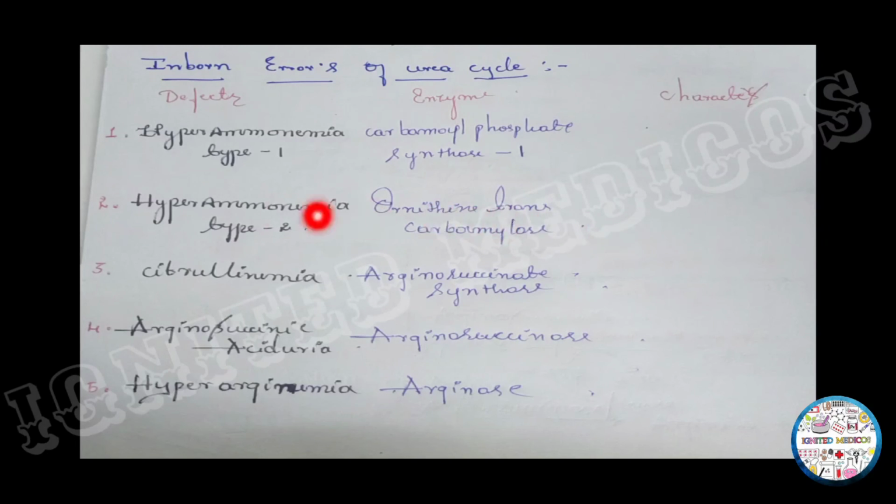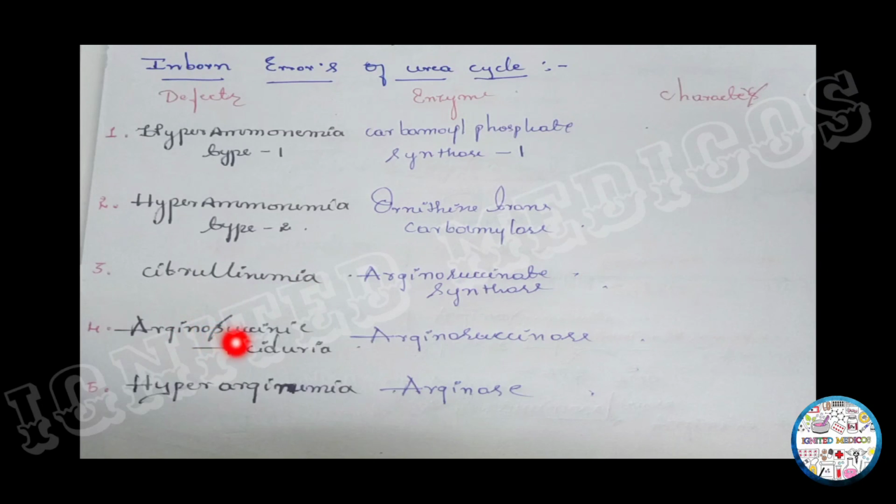When this is defective, there is an increase of ammonia and glutamine in the blood. The next is citrullinemia. Citrullinemia is caused by the deficiency of arginosuccinate synthase. This is the third enzyme. Here the characteristics are increased ammonia and citrulline, because citrulline is not converted into arginosuccinate, so there is an accumulation of citrulline.